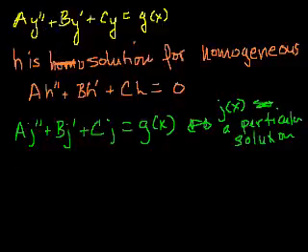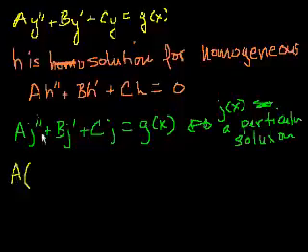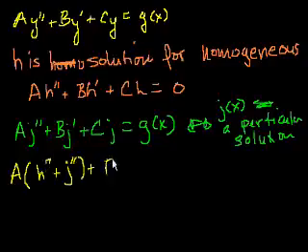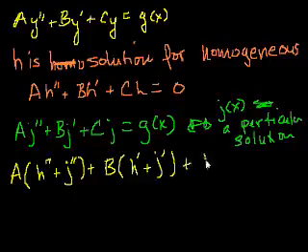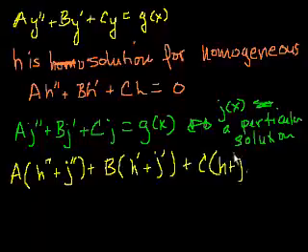The second derivative of the sum of those two functions is just going to be the second derivative of both of them summed up, plus b times the first derivative of the sum, plus c times the sum of the functions. And my goal is to show that this is equal to g of x.